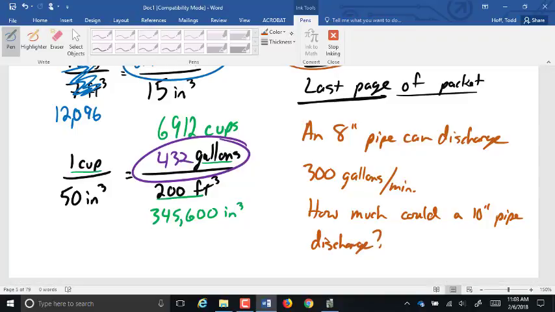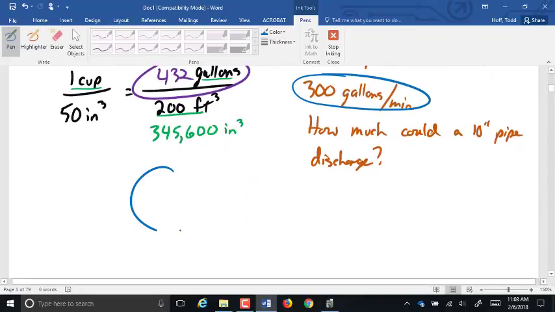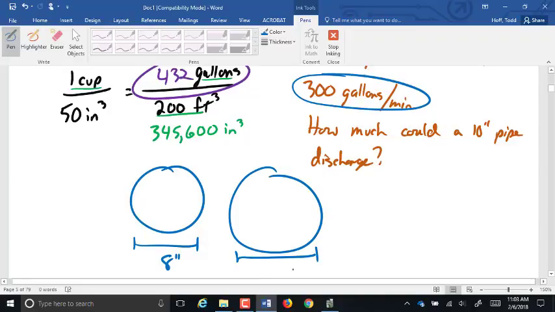Well, it appears to be a volume because gallons is a capacity, which is related to volume. But it's not. We're changing the diameter of the pipe, going from 8 inches up to 10 inches. We're not changing a volume. To change a volume, we'd have to actually change the flow rate of the water coming through it.